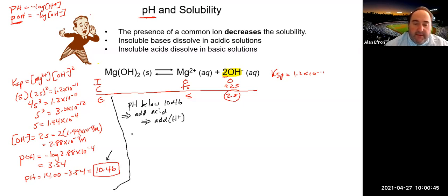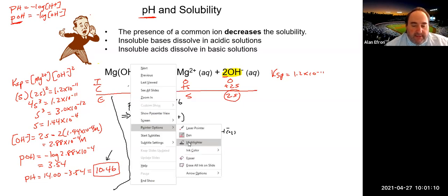So let's think about the actual reaction here. Actually, let me rewrite it here. And when I would add H plus to this equilibrium here, there really is no H plus in it.